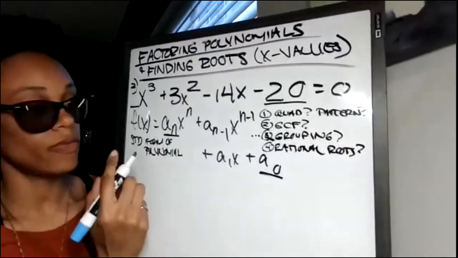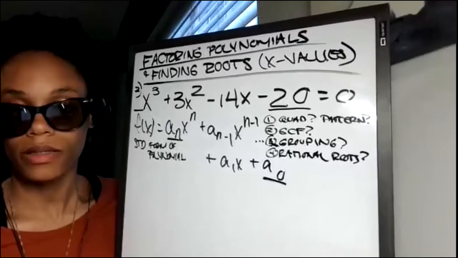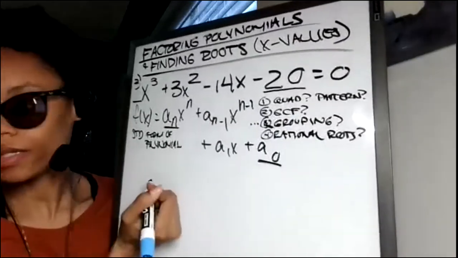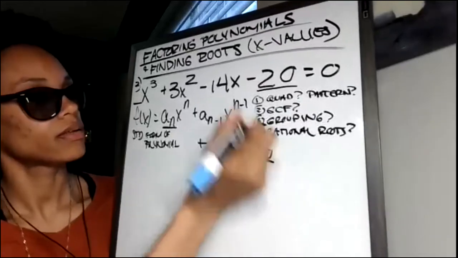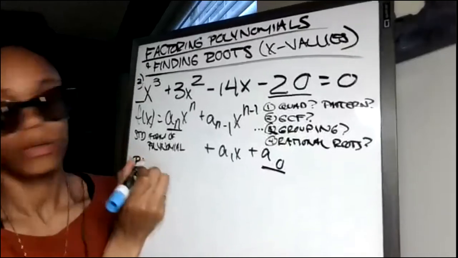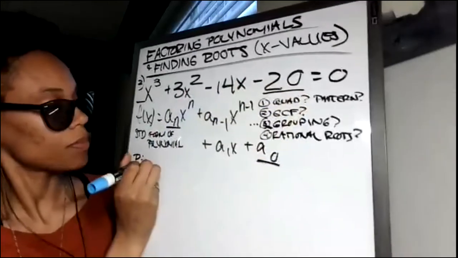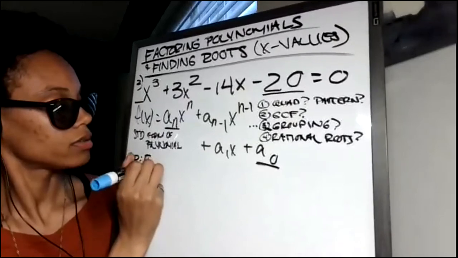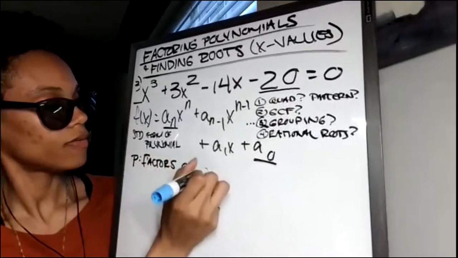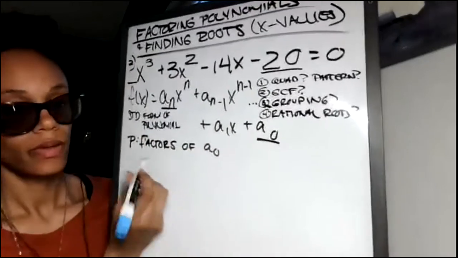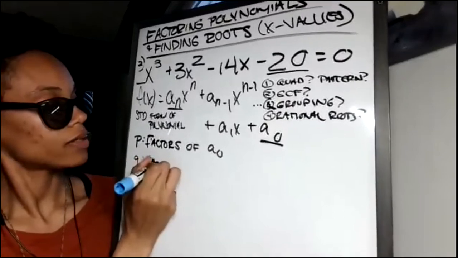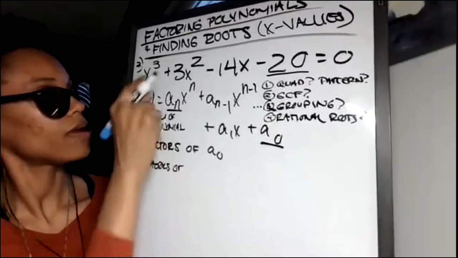And we need to know that for our rational roots test, because your rational roots test says that they'll normally call P the factors of A_0, and they'll call Q the factors of A_n.